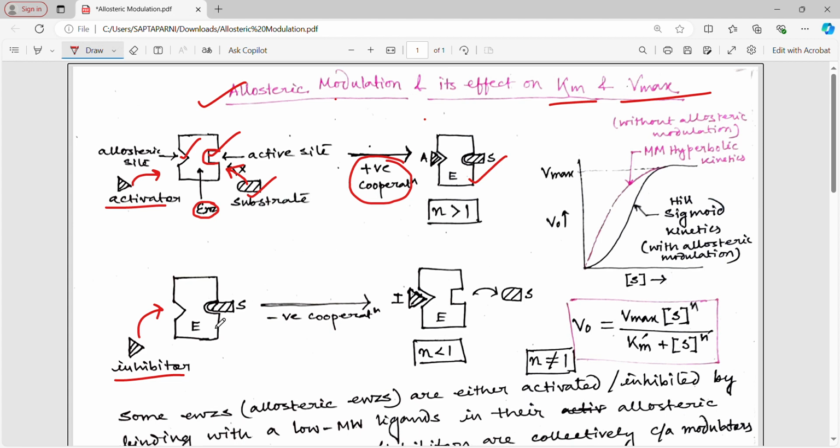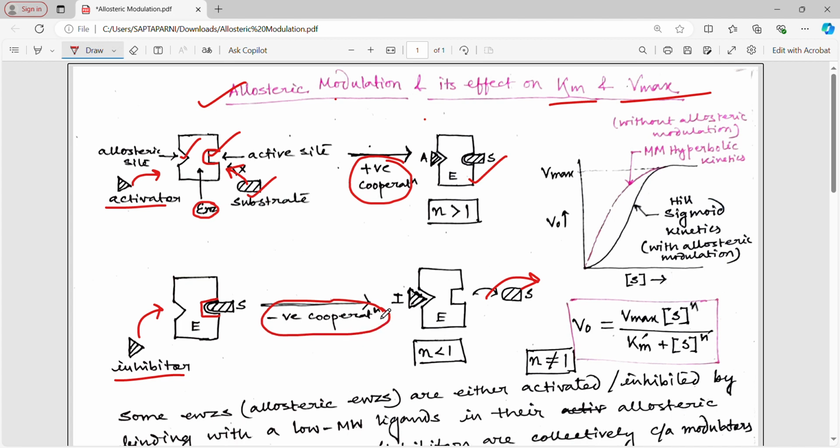On the other hand, if an inhibitor binds to the allosteric site of any enzyme, then that also changes the 3D conformation of the active site, and as a result the substrate is dissociated and the velocity of the enzymatic reaction gets decreased. This kind of reaction is known as negative cooperation.